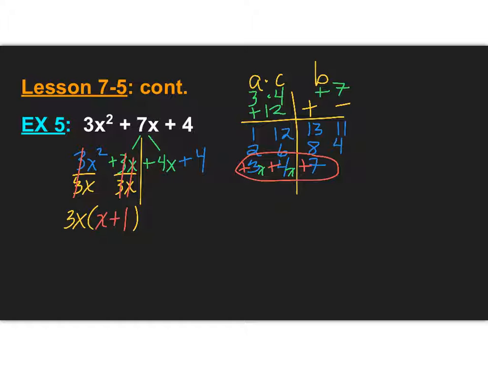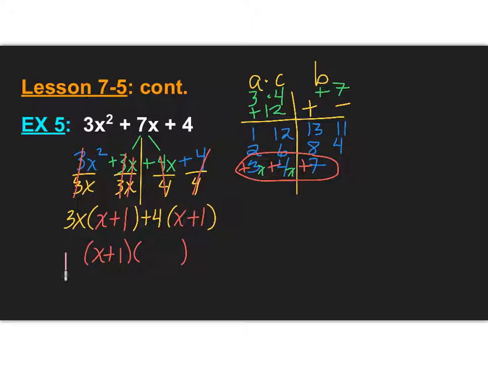And then your GCF in the second group is 4. So bring a plus 4 out in front and do your division. The 4's cancel, bring down the x, the 4's cancel, and you're left with 1. And as you can see, you have the same thing in both of these parentheses. So the x plus 1 comes out in front.